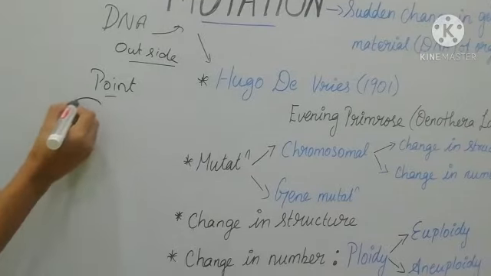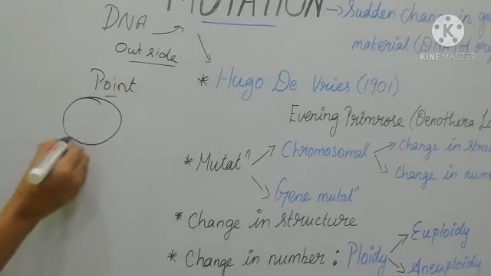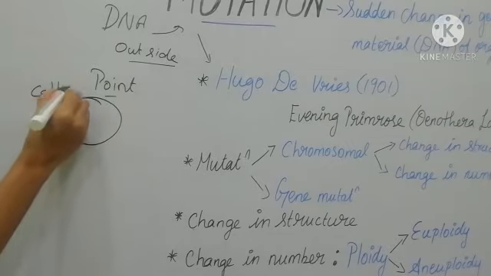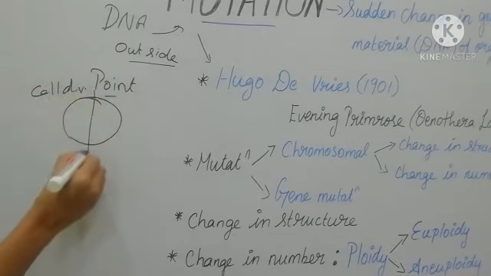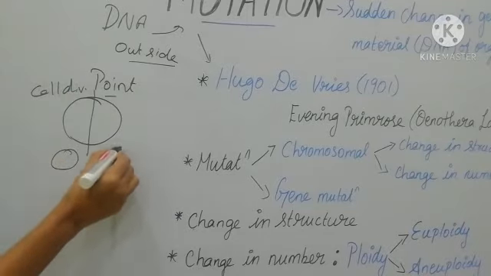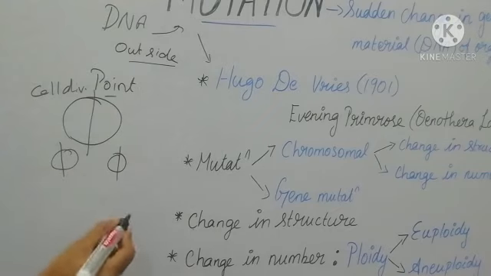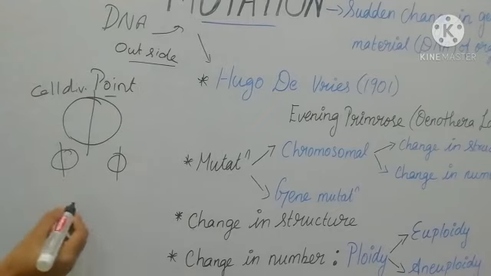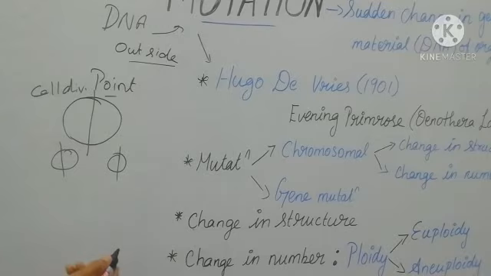When cell division occurs, only then will our body grow. The cells divide and our body starts to grow. During the cell division, some changes can occur. Some deletion or addition of nucleotides may happen in the chromosome. That is the change in structure.